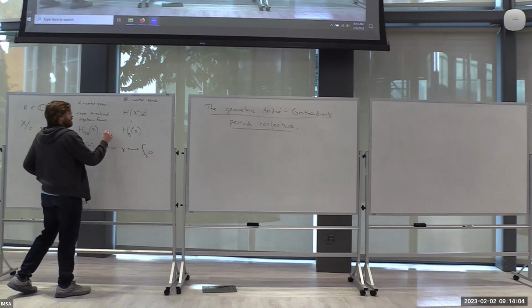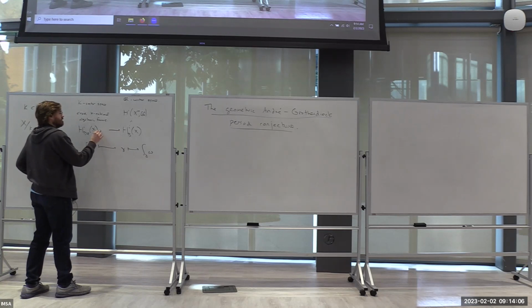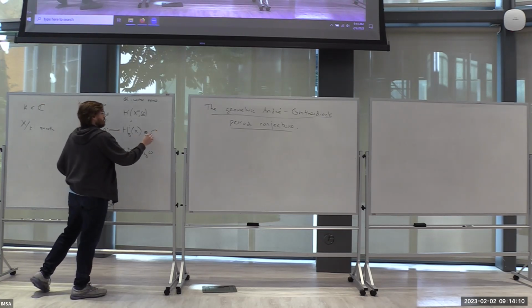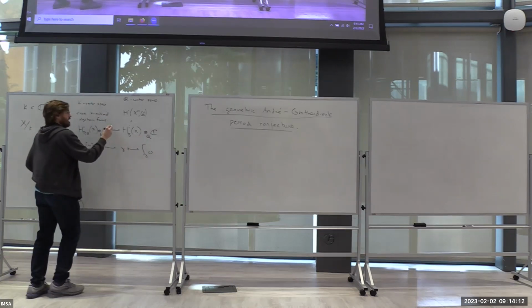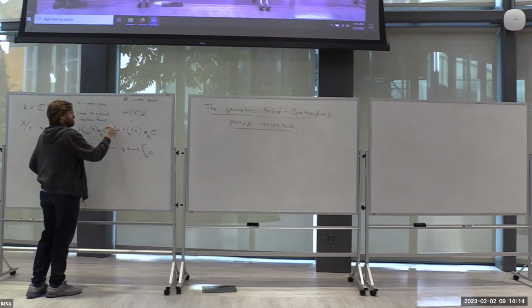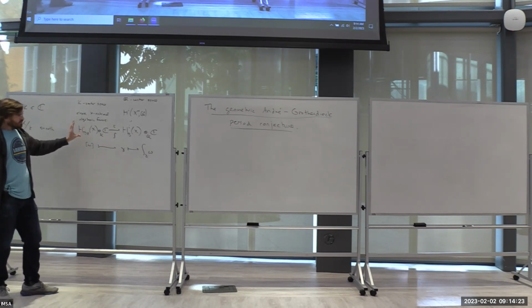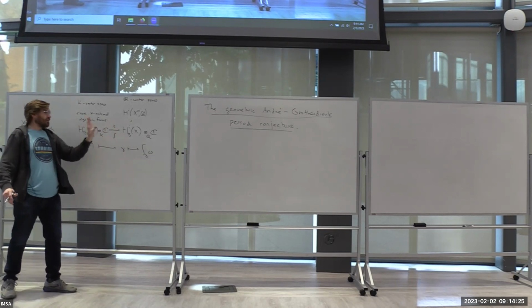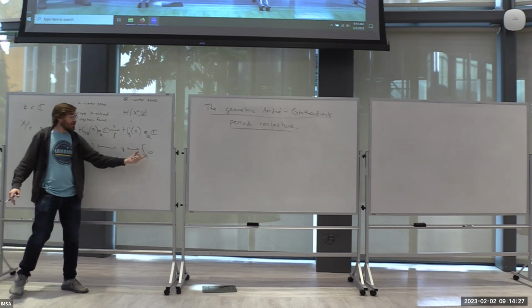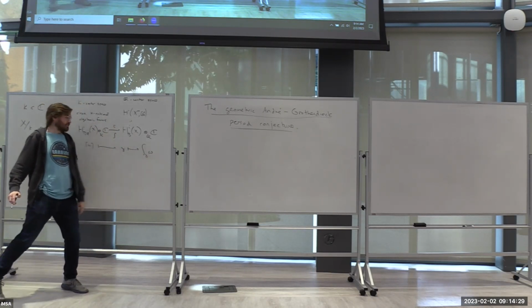So this gives me a map, after I tensor up with C. And this is an isomorphism by de Rham. So somehow, the matrix of this isomorphism is just given by these numbers, these period integrals.